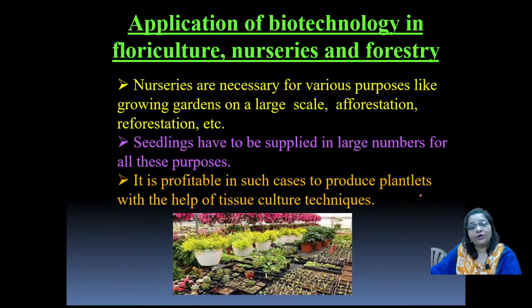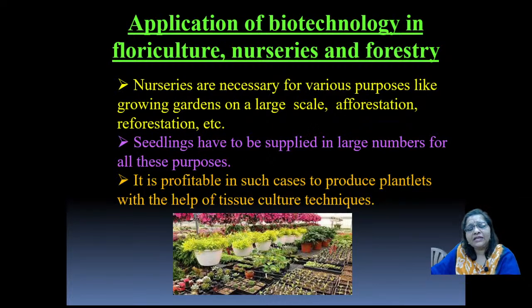We also saw the application of biotechnology in floriculture, nurseries and forestry, wherein the nurseries actually contain different types of plants which are necessary for growing gardens or afforestation and reforestation. The seedlings have to be supplied in large numbers for all these purposes.